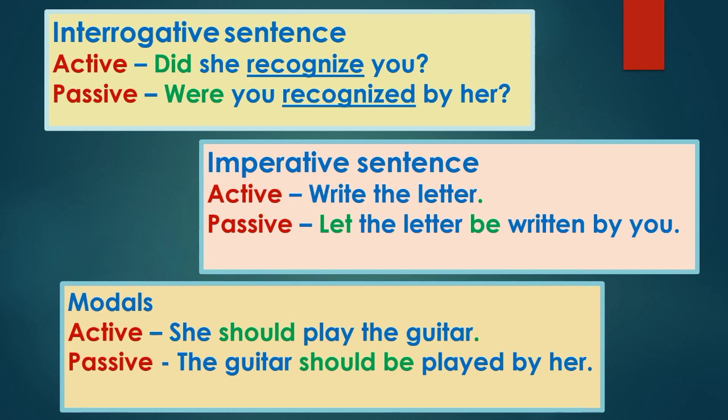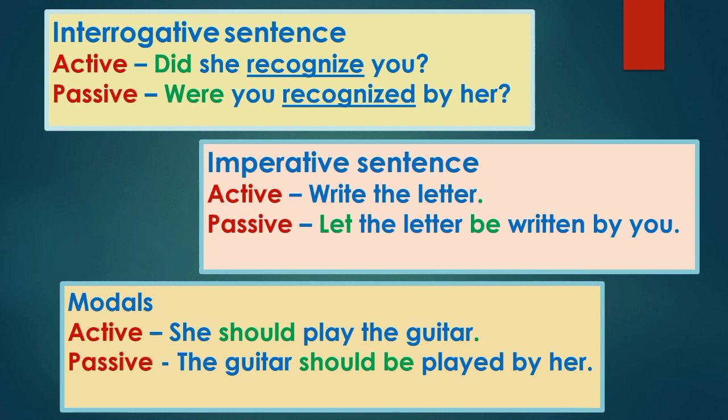When we have to change the modals from active to passive, we must remember that there will be no change in the modals. They will remain the same in the passive voice too. But we will add "be" along with it. As we can see here, "She should play the guitar." So the guitar will come here at the first hand.